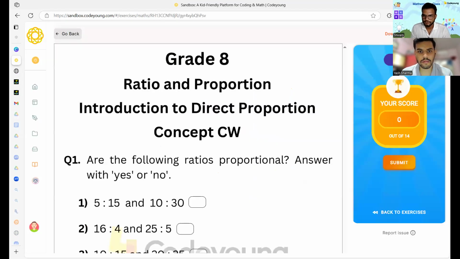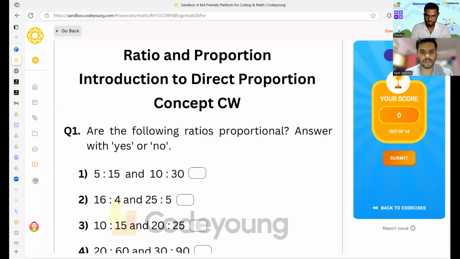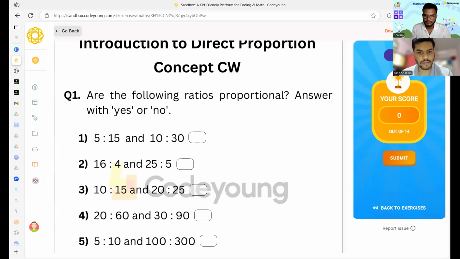Now answer these questions. Try to answer. The question is: are you following ratios proportional? Write yes or no. Is it proportional or not? Yes, they are. So I have to write here yes, right?